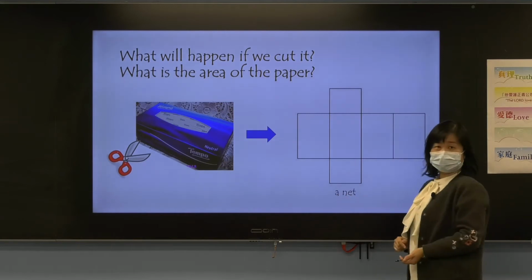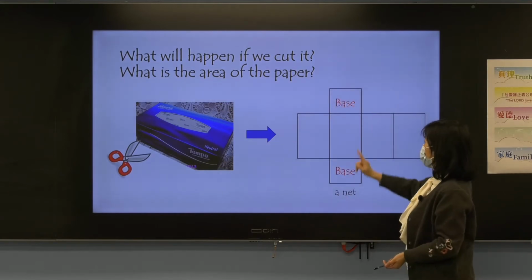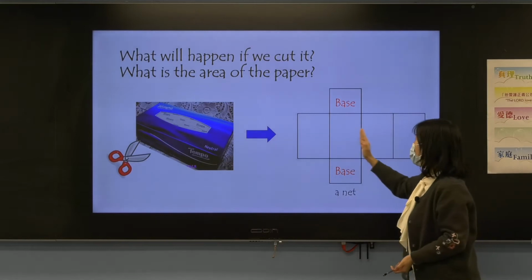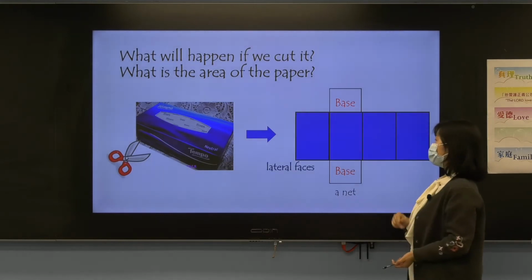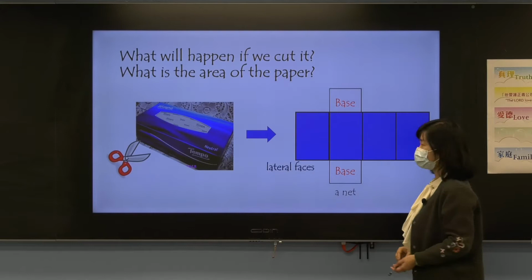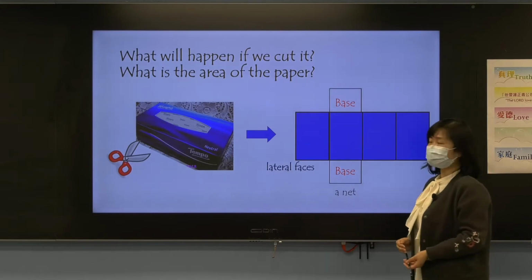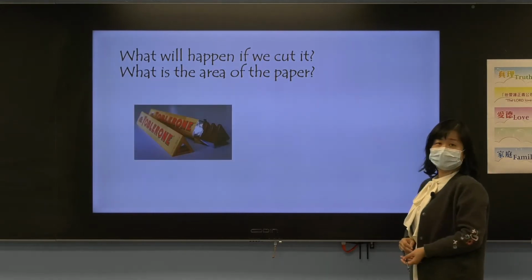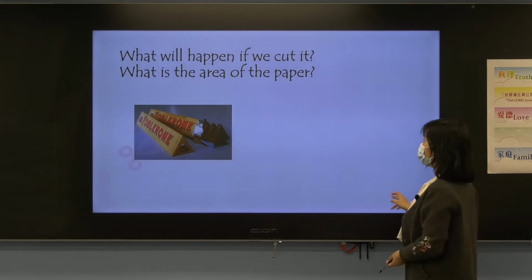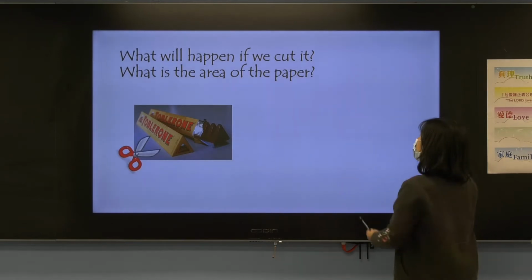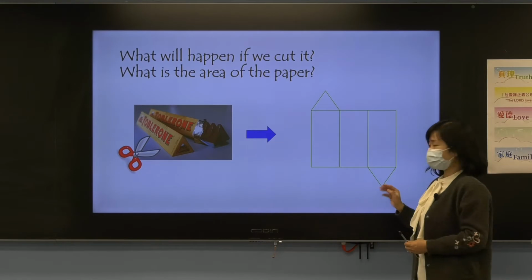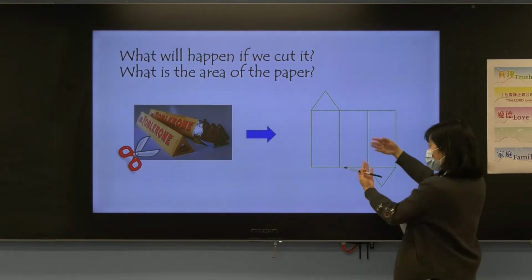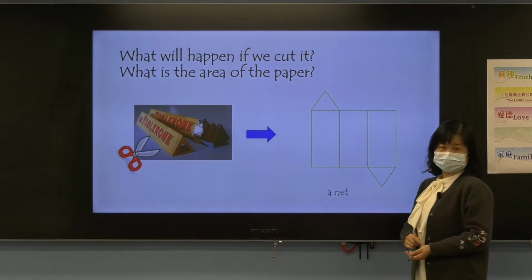And student, for having a net, you have upper base, lower base. 4 side faces here. We call it lateral faces. This is the rectangular block. Let's see. If we have a triangular prism, we cut it, unfold the paper. We have this. The whole paper unfolding, we call it a net.